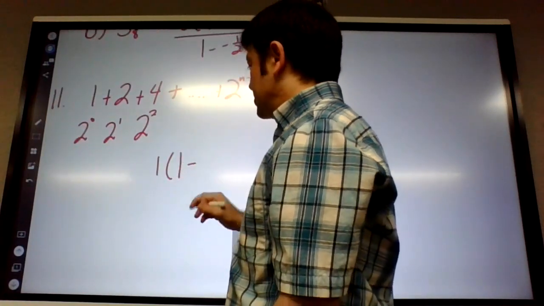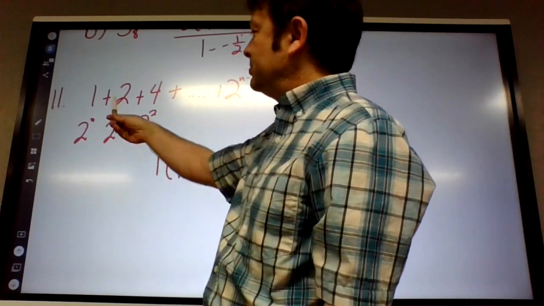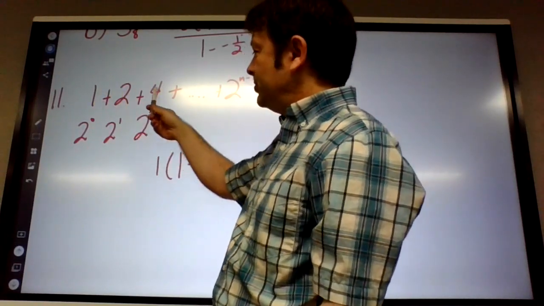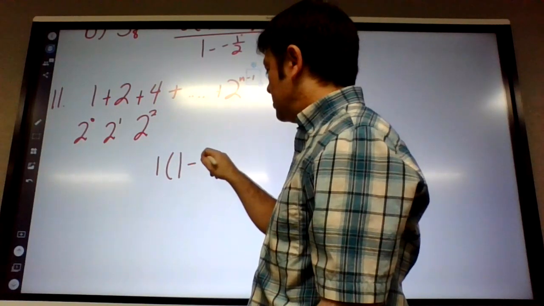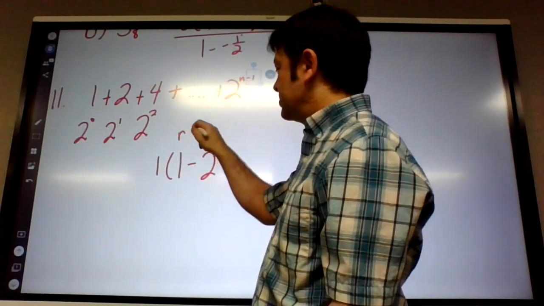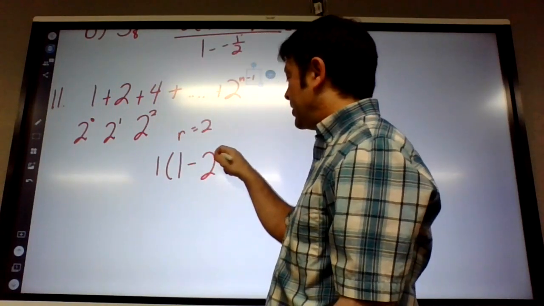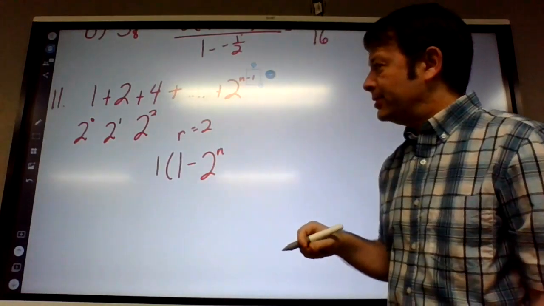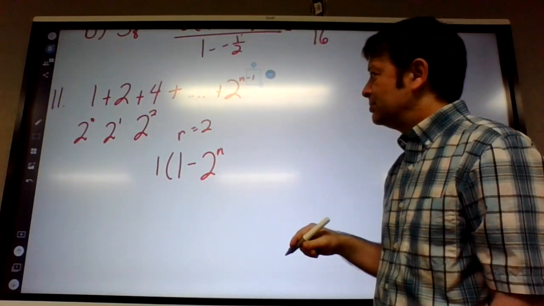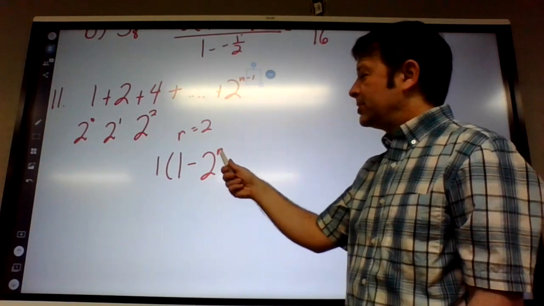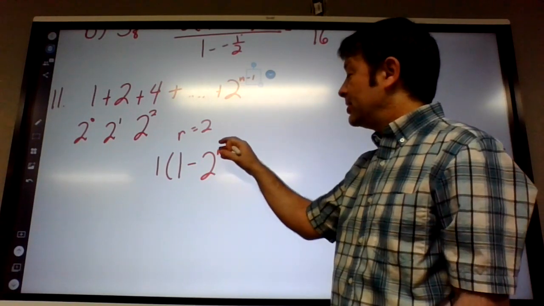Okay, what's the common ratio on this one? How do we get from 1 to 2 to 4? Times 2. So that's what would go right there. We don't know how far we're going, so we're keeping that as an n.